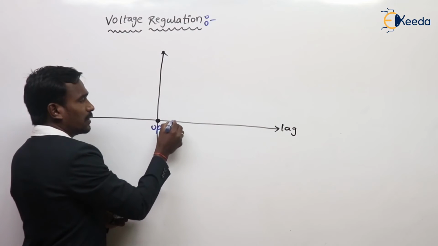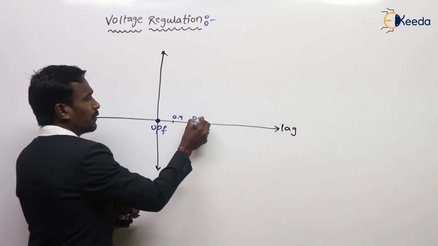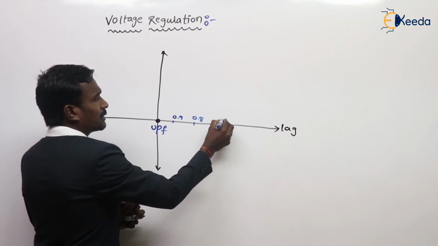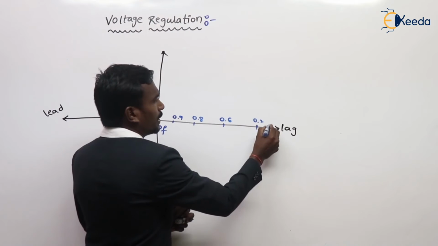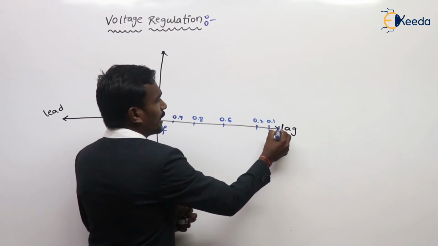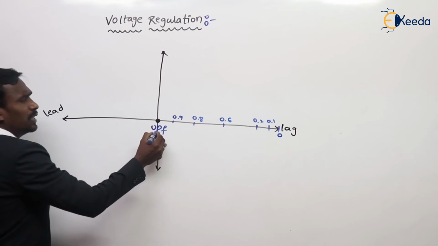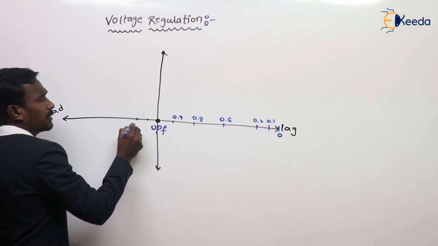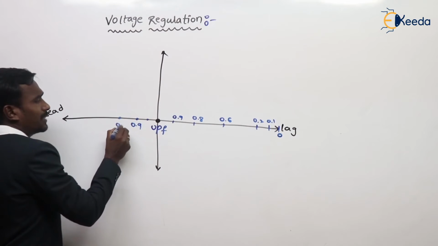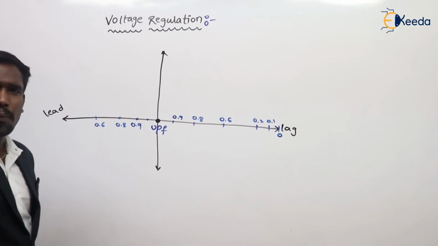Here power factor is 1, here power factor is 0.9 lagging, here the power factor is 0.8 lagging, for example here 0.6 lagging, here 0.2 lagging, here 0.1 lagging, and here 0 lagging. As usual, here unity, here 0.95, here 0.9 leading, here 0.8 leading, here 0.6 leading, and so on.